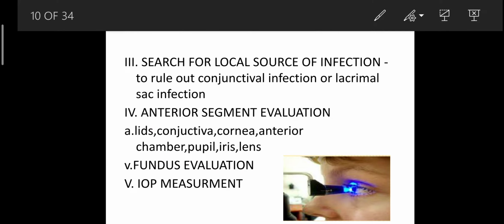As cataract is a senile disease, they can have certain macular dystrophies, macular degenerations associated with it. So, detailed evaluation of fundus is also very important.